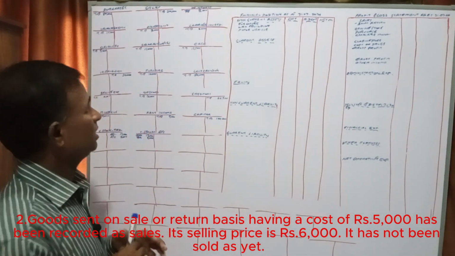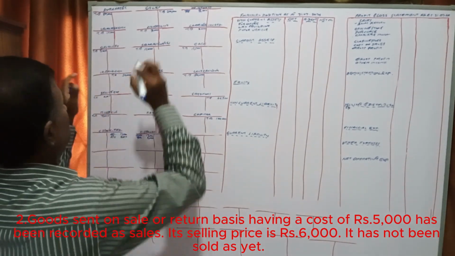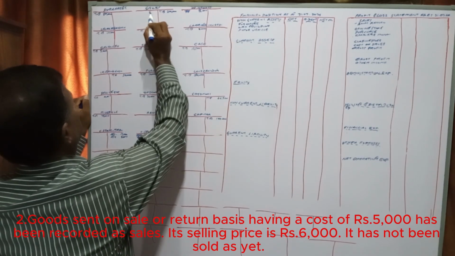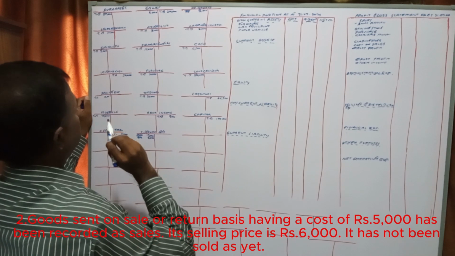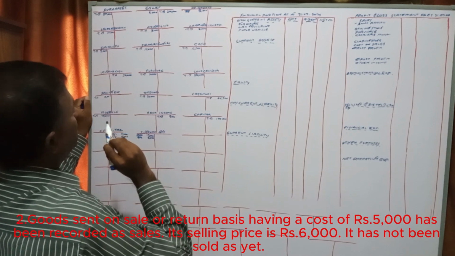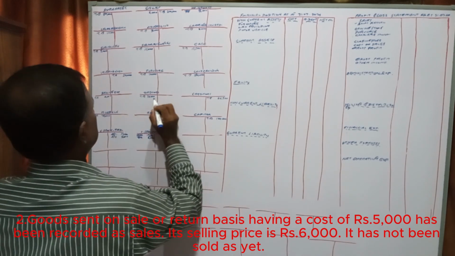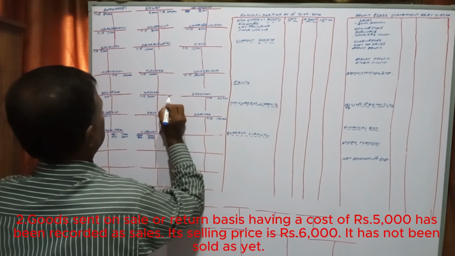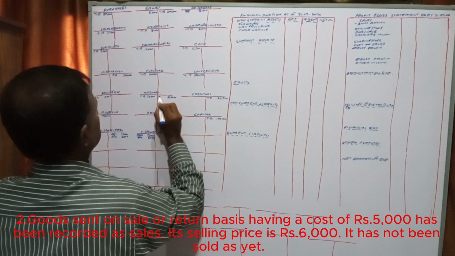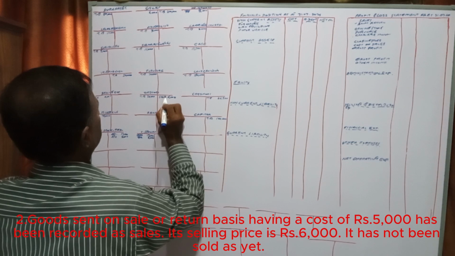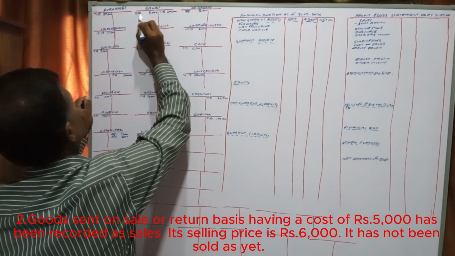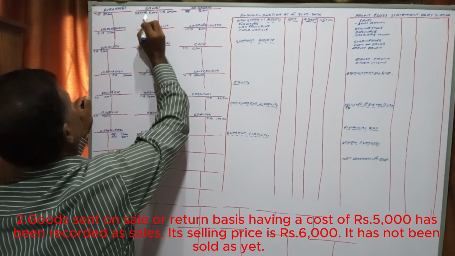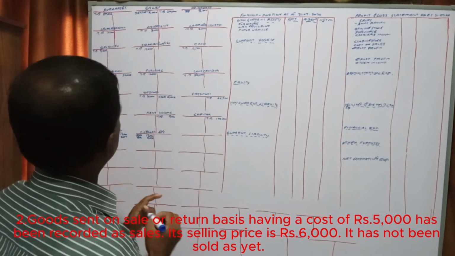We made a sale including the 6,000. We have to remove that 6,000 from the sales, and since it was a credit sale, we have to remove it from the debtors also. Debtors account credit.